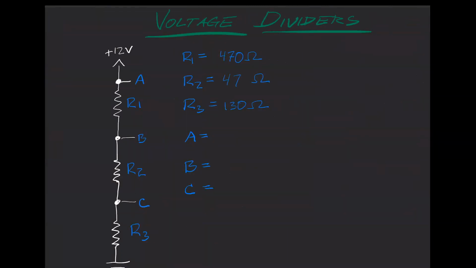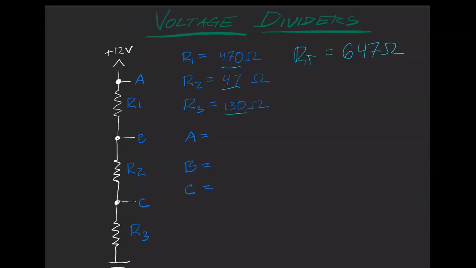Let's take it down further. Let's go down another order of 100. Here, my total resistance is 470 plus 47 plus 130, or 647 ohms.